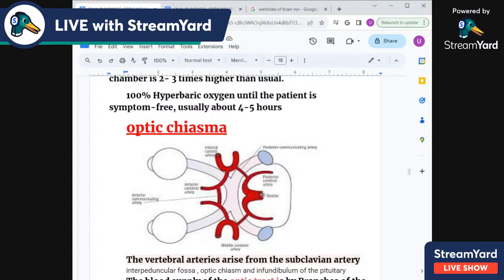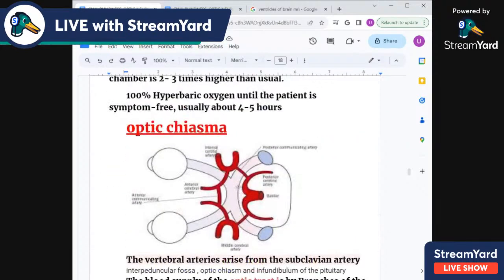Posterior communicating, where does it arise? It arises from the basilar artery, and basilar is formed by the union of the two vertebral arteries which pass through the upper six cervical vertebral foramina, pass through the foramen magnum to form the basilar, which divides into two posterior cerebral arteries.